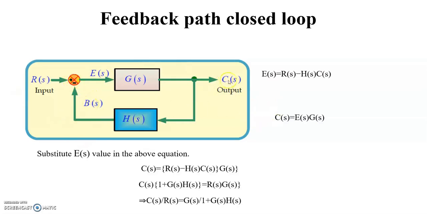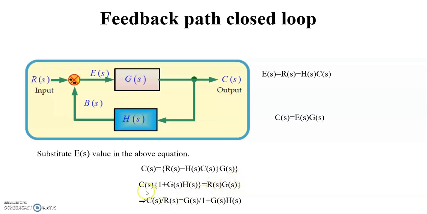Now C(s) is nothing but E(s) into G(s). So you can substitute E(s) from the above equation, so that C(s) is equal to R(s) minus H(s) into C(s), all multiplied by G(s). You can take C(s) outside, so C(s) into 1 plus G(s) into H(s) equals R(s) into G(s).